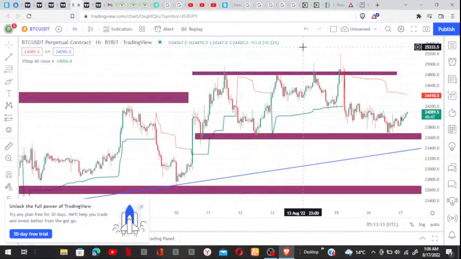Initially my stop loss was somewhere here, but then as the market started going towards my direction, I moved my stop loss from above my sell to below my sell. So when the market went against me, I got stopped but in profits, and then I had to wait and enter the market.